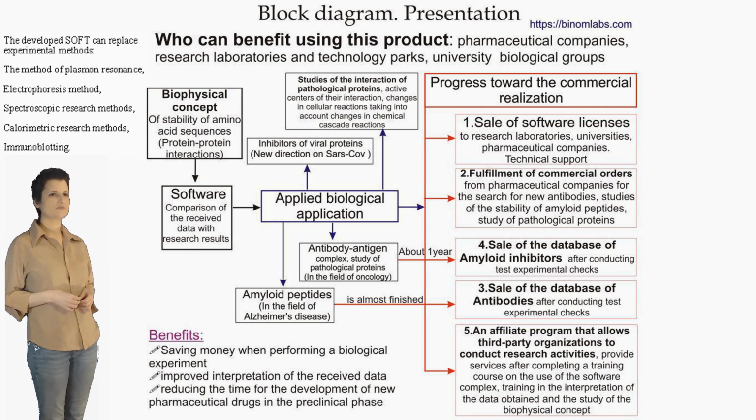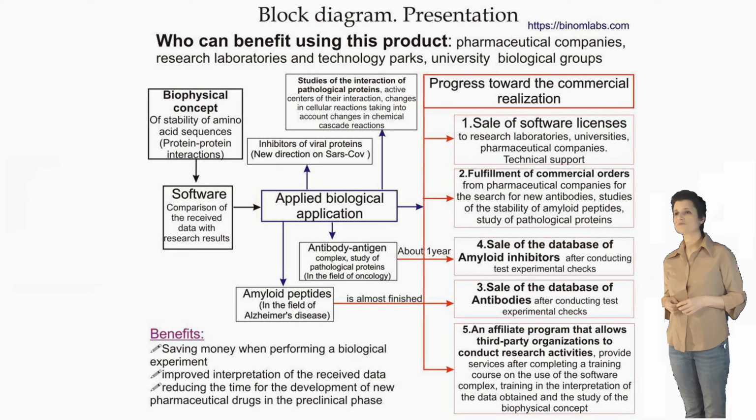Also, for the accuracy of determination of an observed effect, it is necessary to carry out the same experiment several times, and to confirm the observed effect, it is recommended to verify it experimentally with several different methods, each of which is characterized by its own measurement error. Multiple repetitions of the same type of studies entail costs of biological materials, consumable equipment, a lot of time, and labor costs.